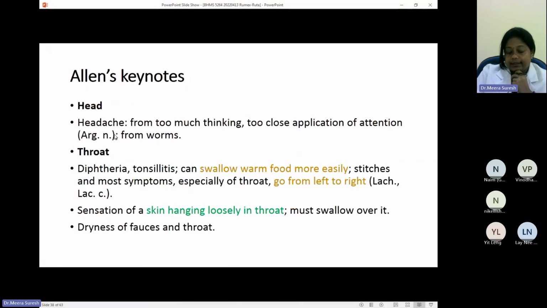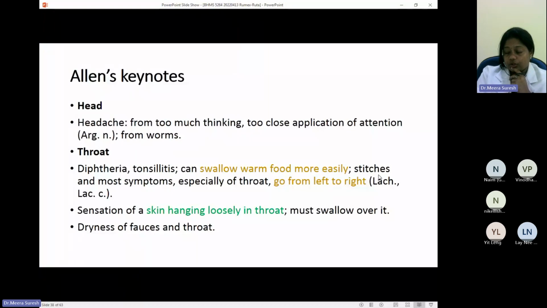Then there can be headache from worms and also from too close application of attention. Not much important. Now the symptom throat comes. If throat is being asked for Sabadilla in the exam, after mentioning throat, even if it is a 5 mark question, add at least one sentence about the illusions: that the part is shrunken, and that they have some fatal throat disease.